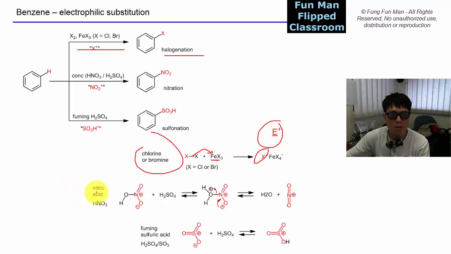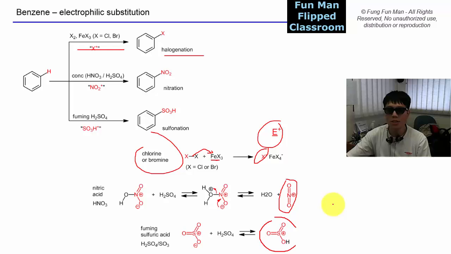The second step, for the nitric acid, we have an acid-base reaction here. You form an intermediate and generate a nitronium ion. And for the fuming sulfuric acid, likewise, it is similar to the second step. You see, we have another electrophile. So the first step is always to generate the electrophile.